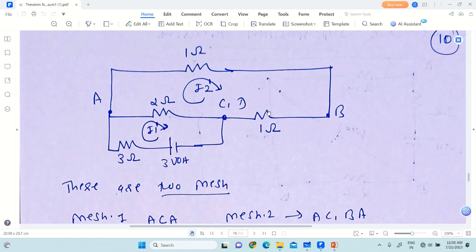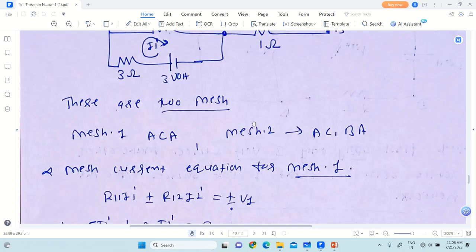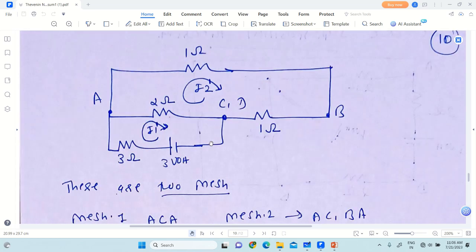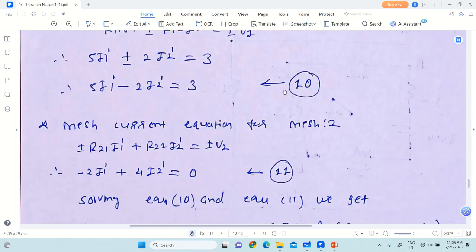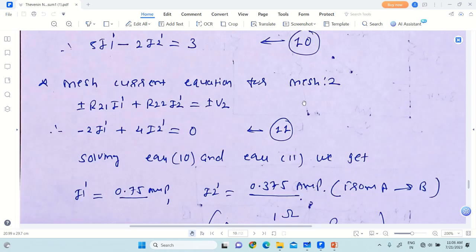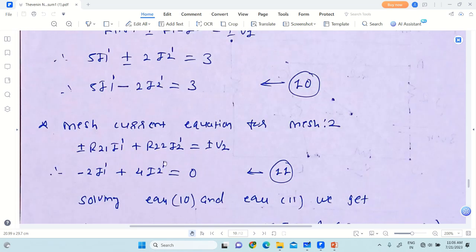So 1 plus 1, 2, 2 plus 2, 4. 4 I2 dash is equal to plus or minus V2, the sum of the voltages in the second mesh. There is no voltage source, so V2 is 0. So that is equation number 11. Now solve equation number 10 and 11.